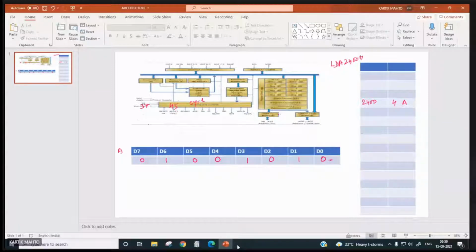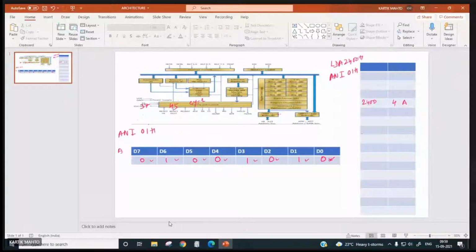If you do ANI 01H, what exactly is it going to do? It will AND the accumulator. Accumulator content is nothing but 0, 1, 0, 0, 1, 0, 1, 0.